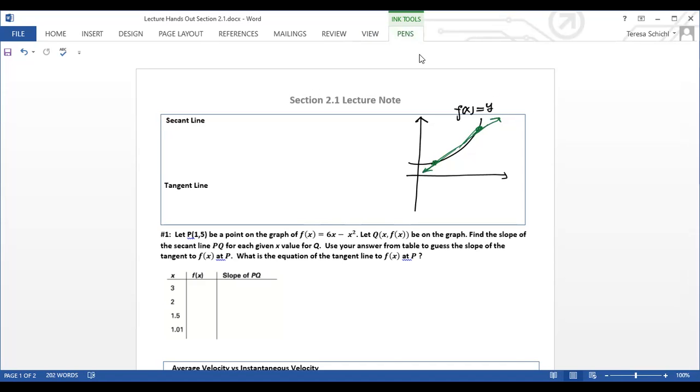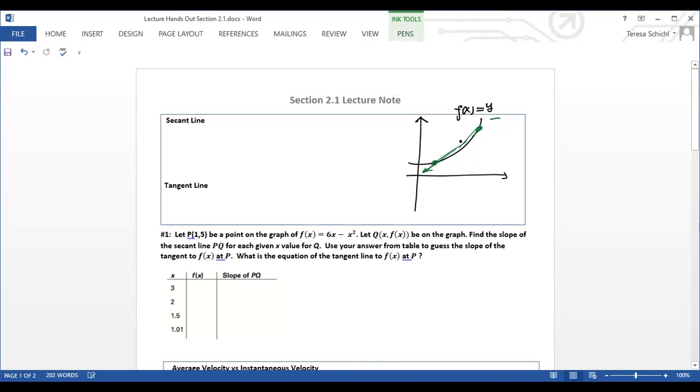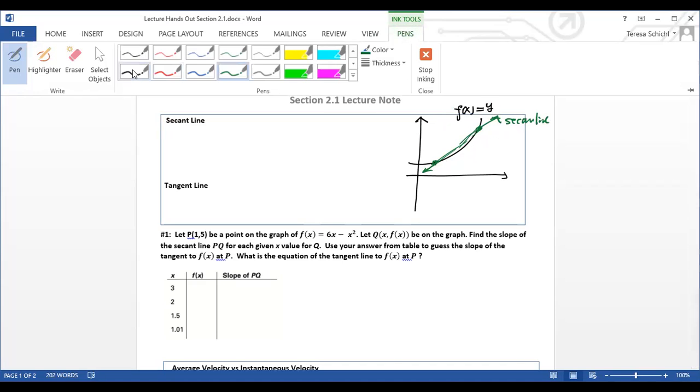It's difficult to draw a good line, but this is what we call the secant line. You have 2 points on the graph, and the line through them is the secant line.